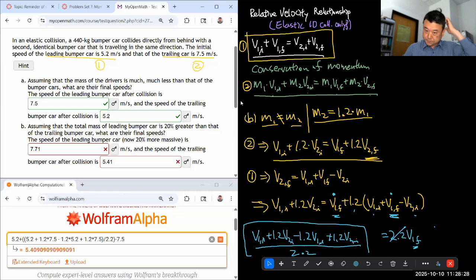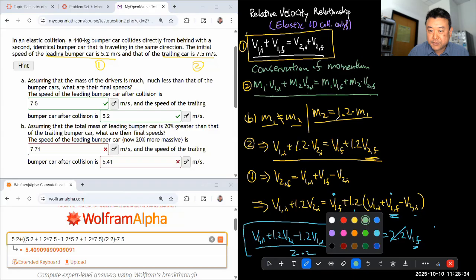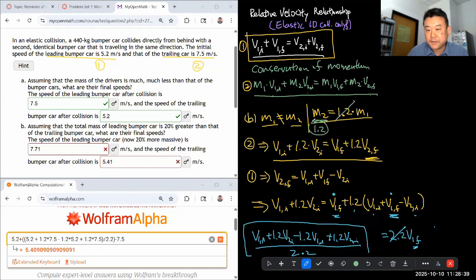So oops, I made an oopsie here, which is really not that, but 1.2. It should have been here. So I think that means wherever I see 1.2, I change that to 1 over 1.2, 1 over 1.2, 1 over 1.2, 1 over 1.2, and instead of this being 2.2, it's 1 plus 1 over 1.2.